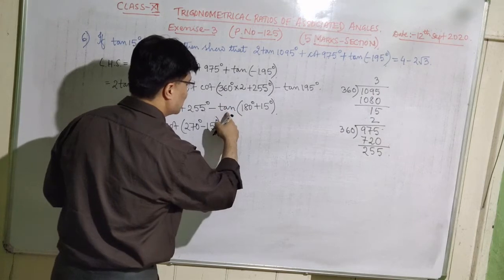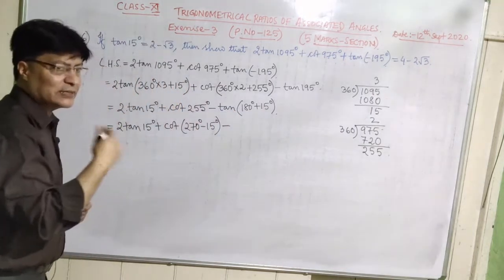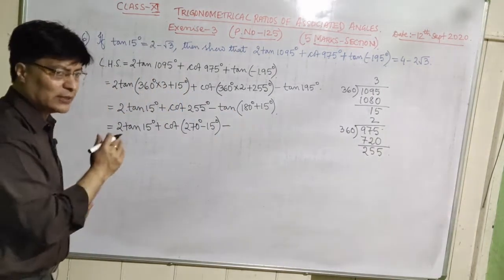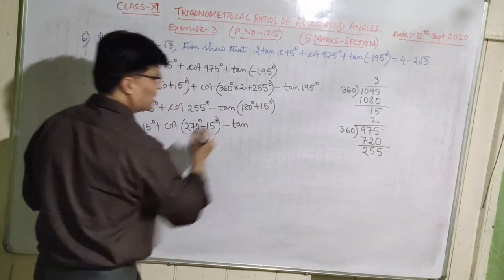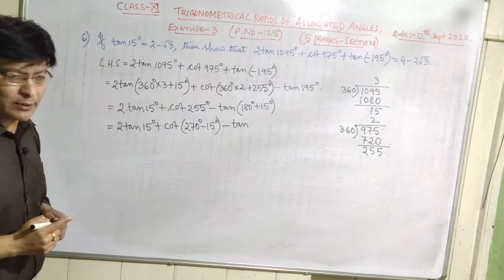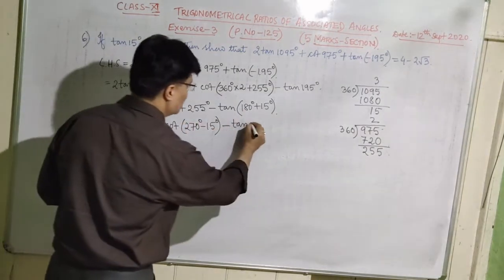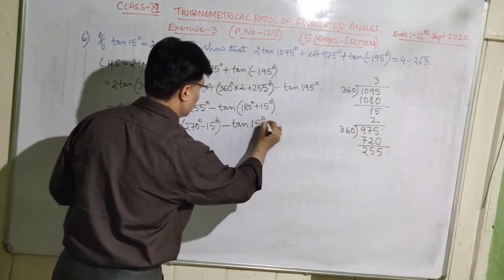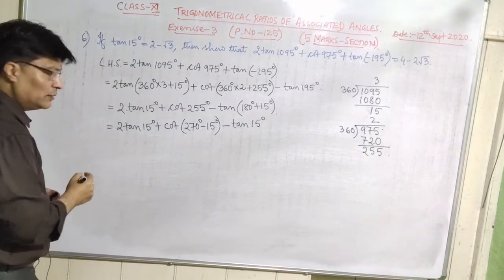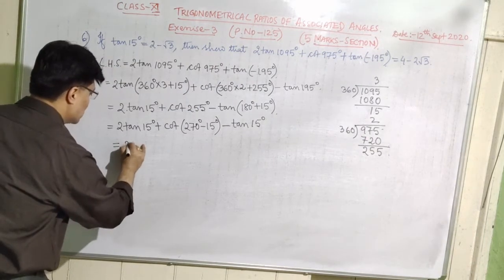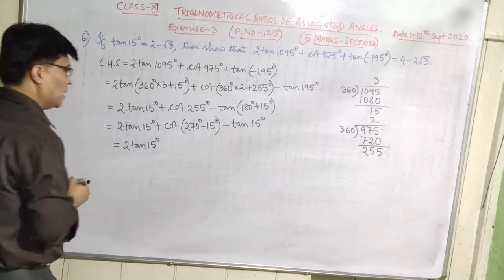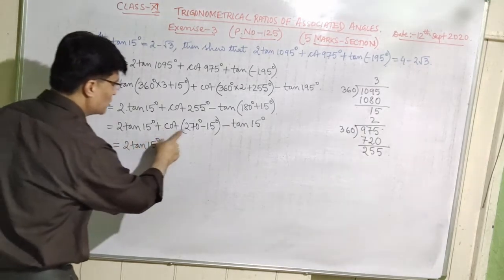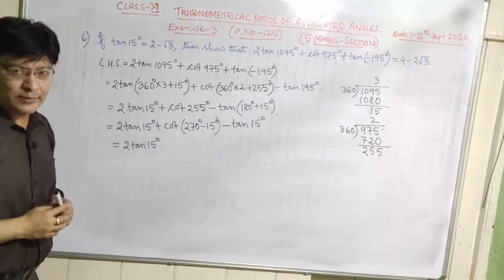So what is tan 180 plus theta? It lies in the third quadrant. In the third quadrant, tan is always positive. So tan remains same because 180 is 90 into 2, that is even multiple of 90. So it is tan 15 degree. Clear? So which is equal to, this is 2 tan 15 degree. Now what is the formula for cot 270 minus theta?